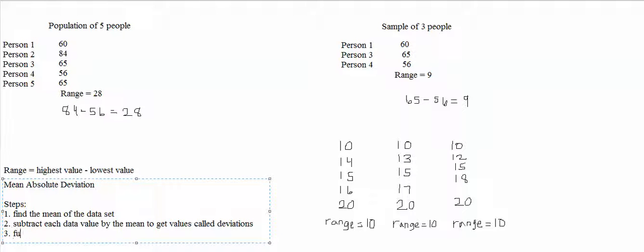Next we have to find the absolute value of each deviation. And then find the mean of the deviations. And I'll explain what the word deviation means when I go through these steps.